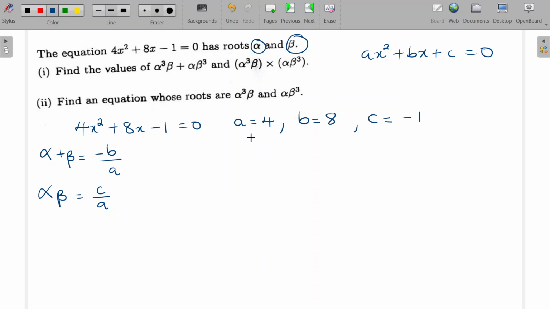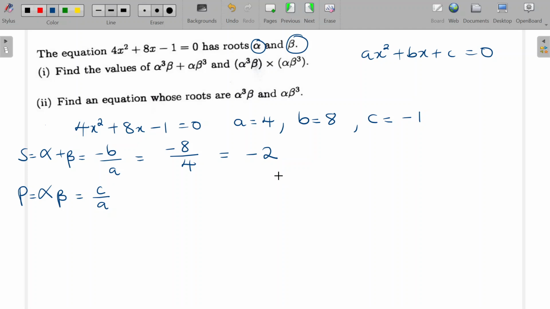Now you have identified a, b and c, so let us find the sum and the product. For the sum, it is negative b, which is negative 8, over a, which is 4. As a result, we have negative 2.